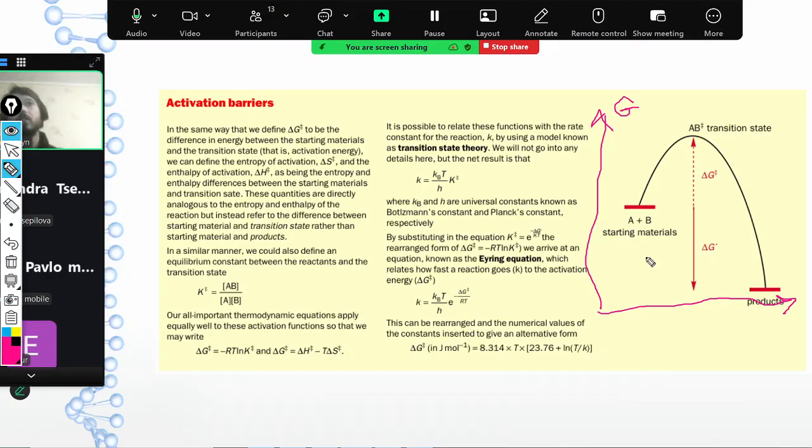That represents, let's say, how the reaction goes. And here we have different states. So here is an initial state, some starting materials, and you can calculate Gibbs free energy for them. Here you have products, and you can calculate Gibbs free energy for them. But you don't go directly from starting materials to products.